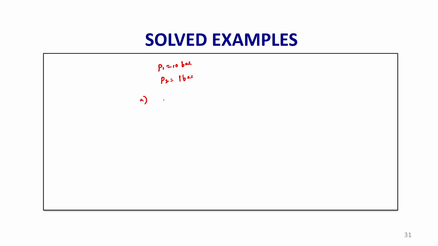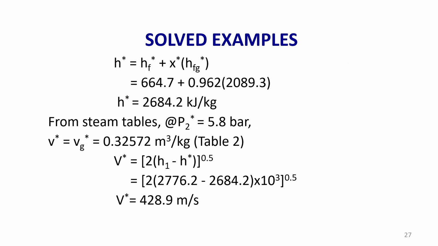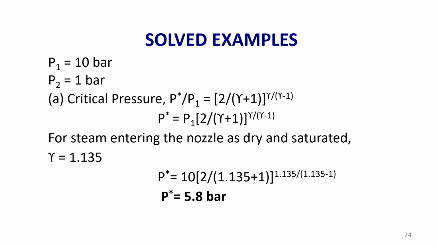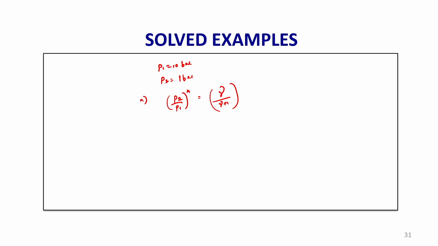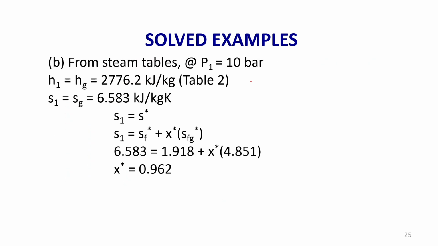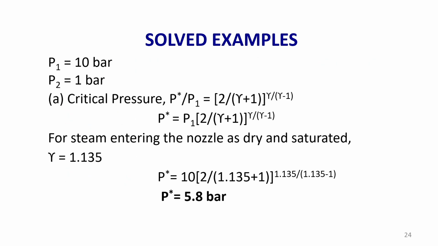We have to find the critical pressure ratio. P2 by P1, whole power star, is equal to 2 by gamma plus 1, the whole raised to gamma by gamma minus 1, that is, (2/(gamma+1))^(gamma/(gamma-1)). For steam in dry saturated condition, as I said before, the gamma value is 1.135.